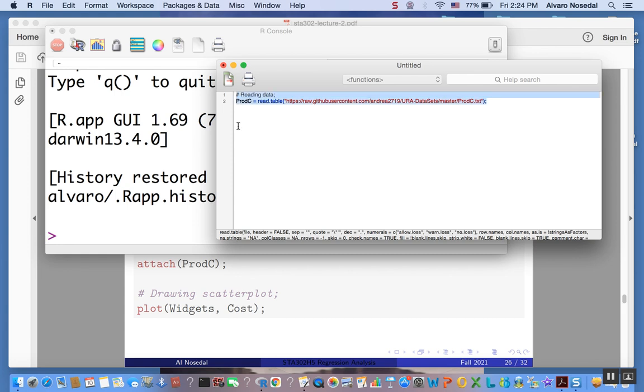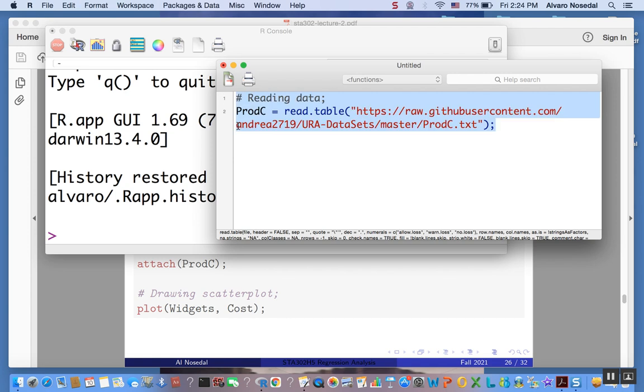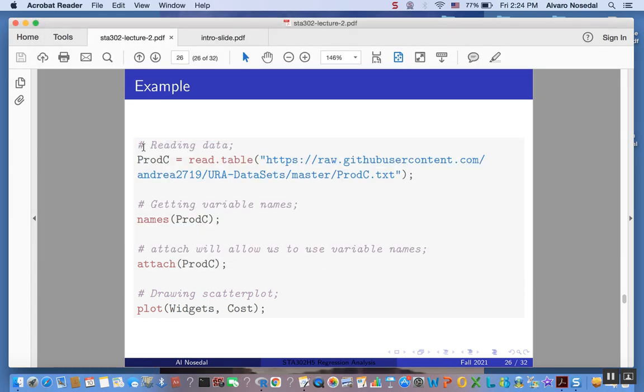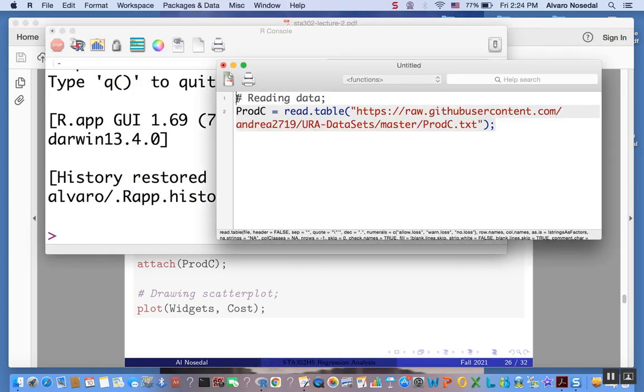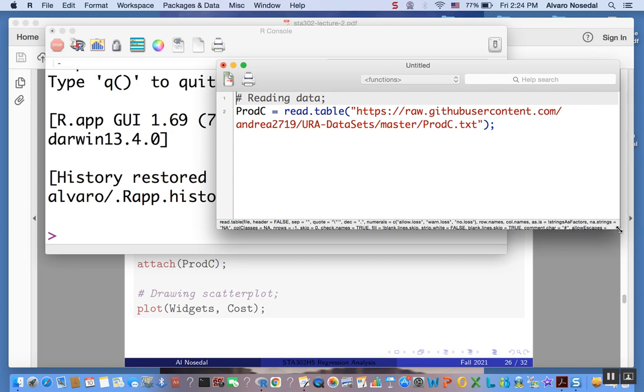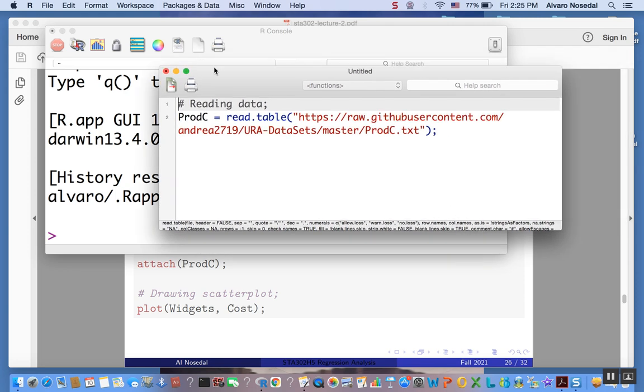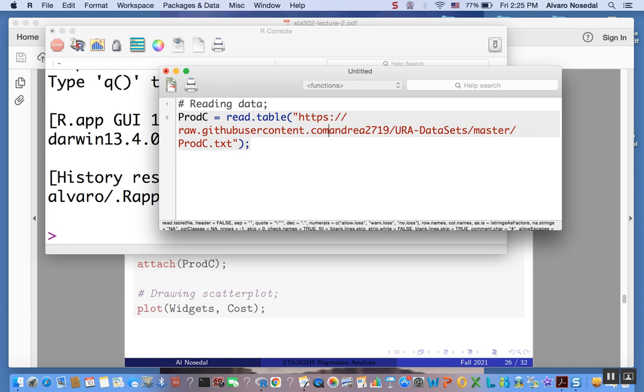Okay, let me make it a bit bigger here. That's better. Okay, so again, what I just did was I copied and pasted that onto a new R script. Now things should go as planned.